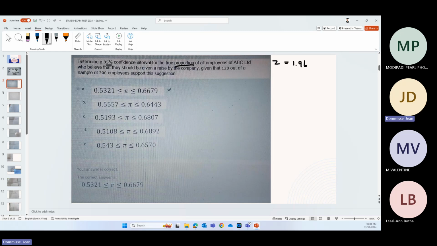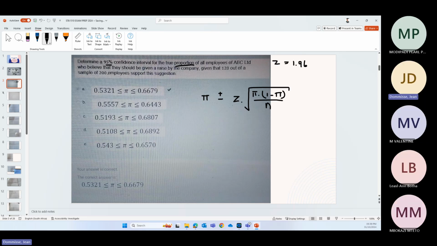So our formula would look something like this, and then let's just get this right: 1 minus that, over n, and the square root. Okay, so they tell us that we are working here with 120 out of 200.